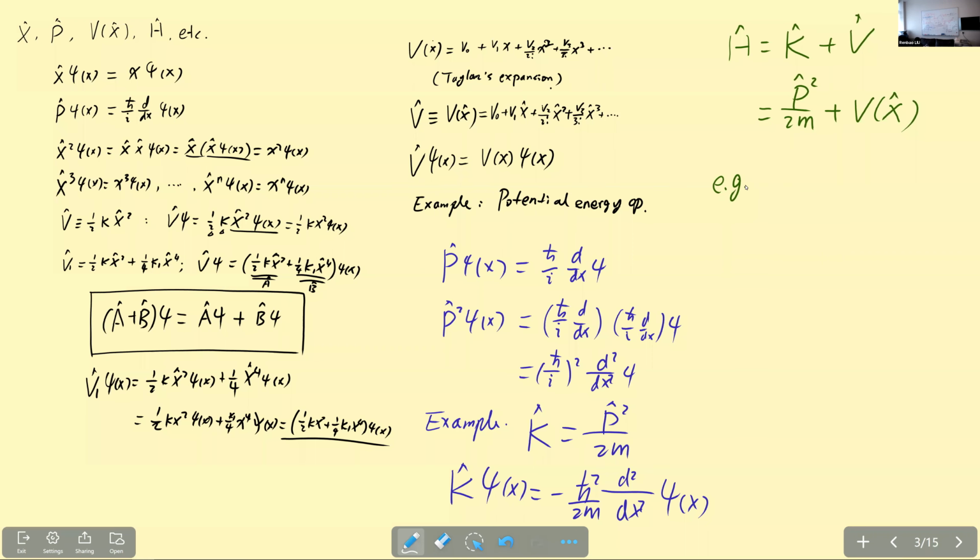Okay. So we consider, say, a harmonic oscillator. In this case, we know the kinetic energy is just p squared over 2m, and then the potential energy is m omega squared over 2 times the x operator squared, right?